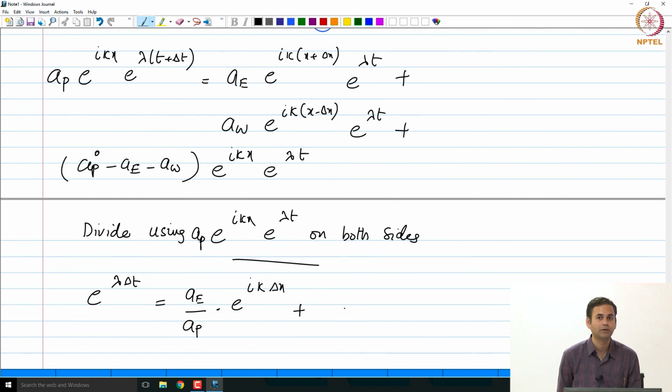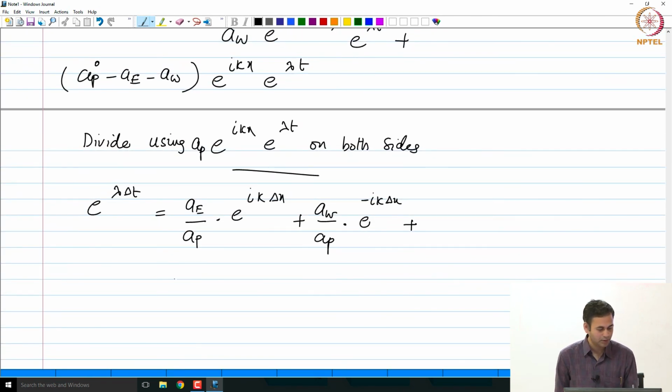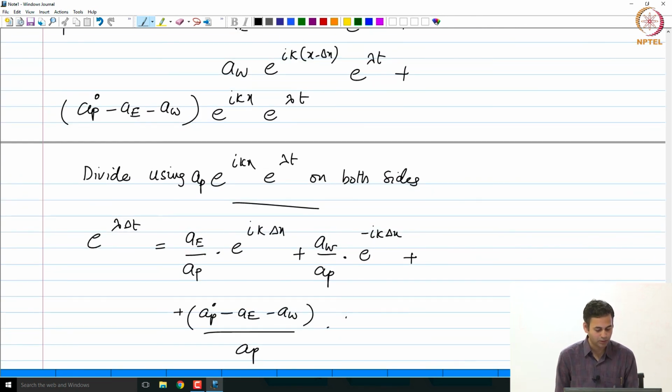The next term would be A west upon A p times e to the power minus I k delta x plus A p 0 minus A east minus A west times upon A p times 1. Okay. That is all, right. So, that is the equation we get.